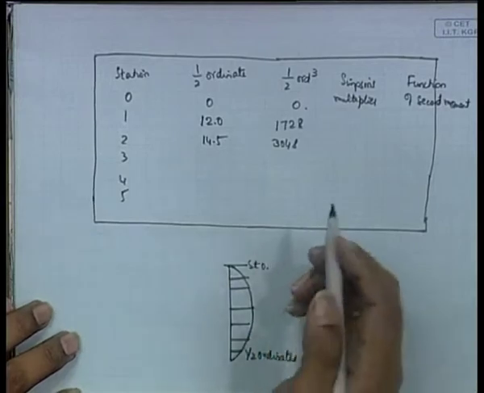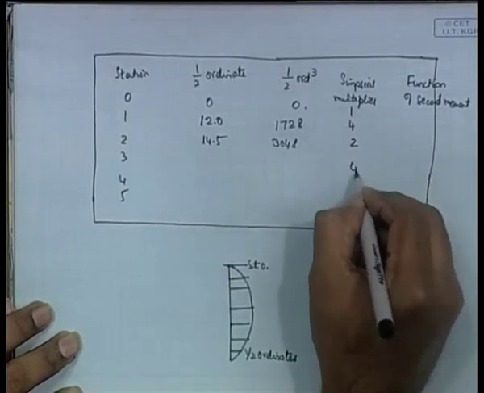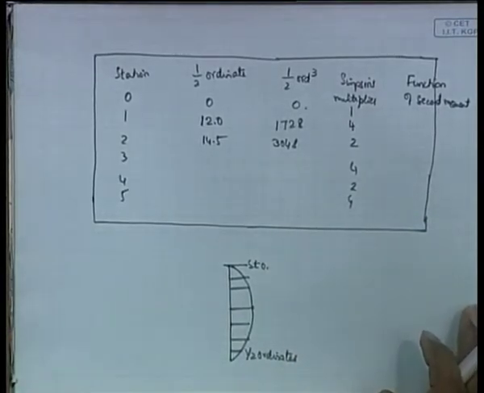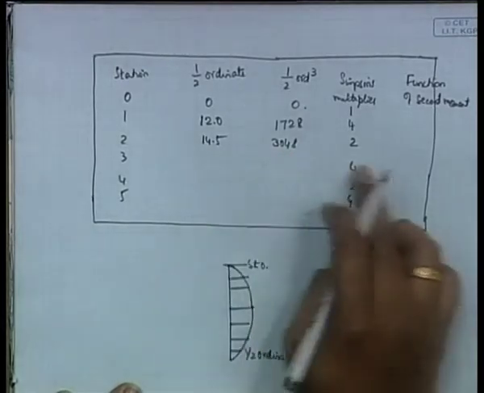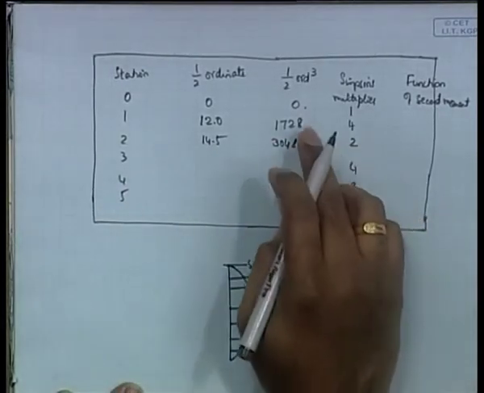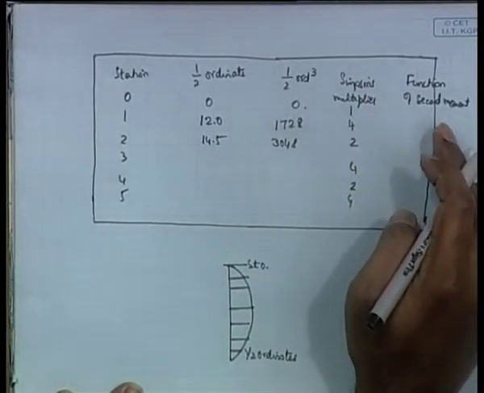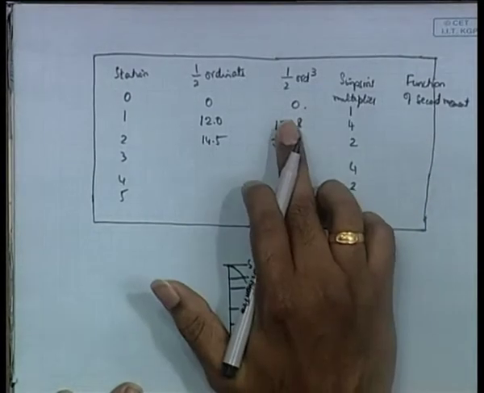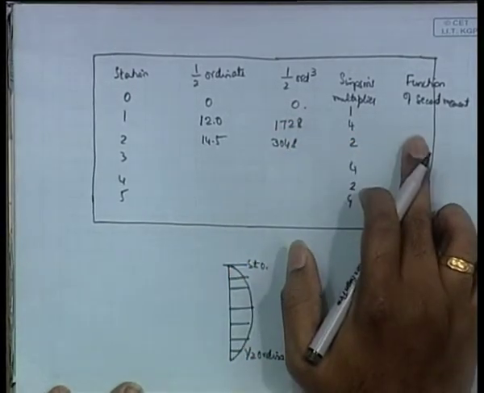I'll write 3 of these, and you will have Simpson's multiplier 1 4 2 4 2 4, like that. Using this, you multiply this half ordinate cube with the Simpson's multiplier. I hope it's clear to you what we are doing. Is it becoming too complicated? No, you have got the half ordinate cube, you multiply it with the Simpson's multiplier, you get a function of the second moment.